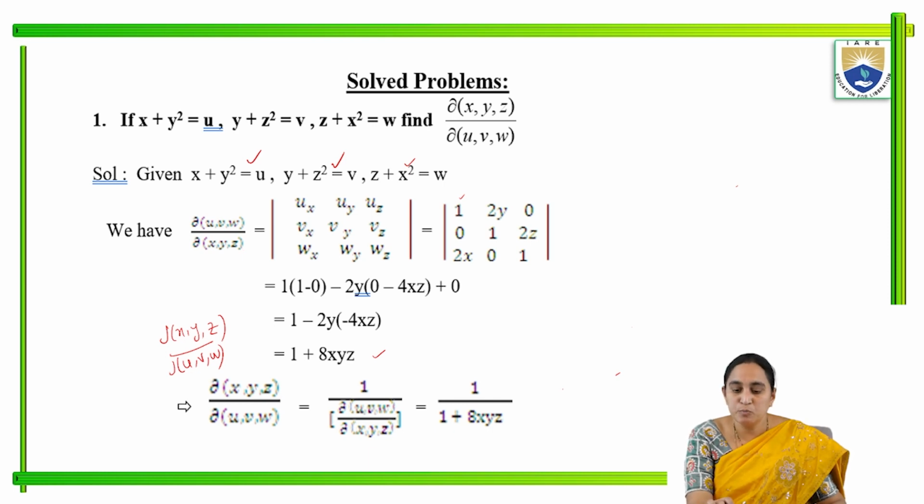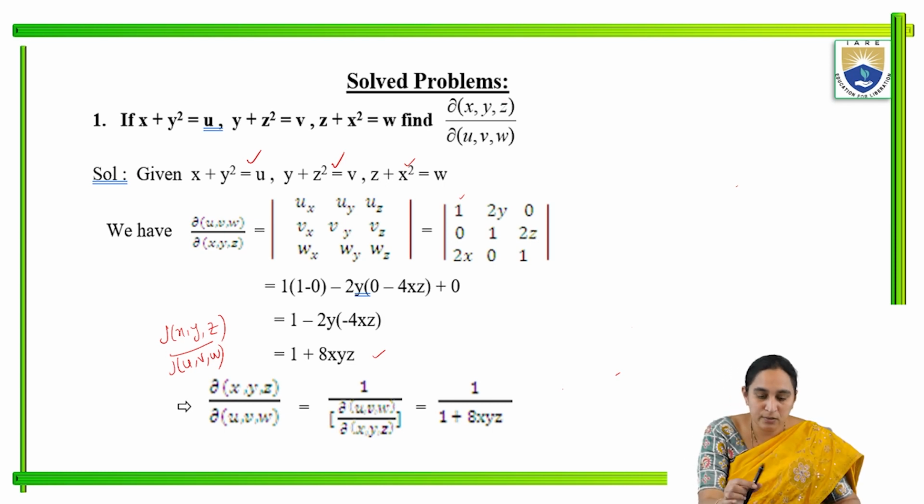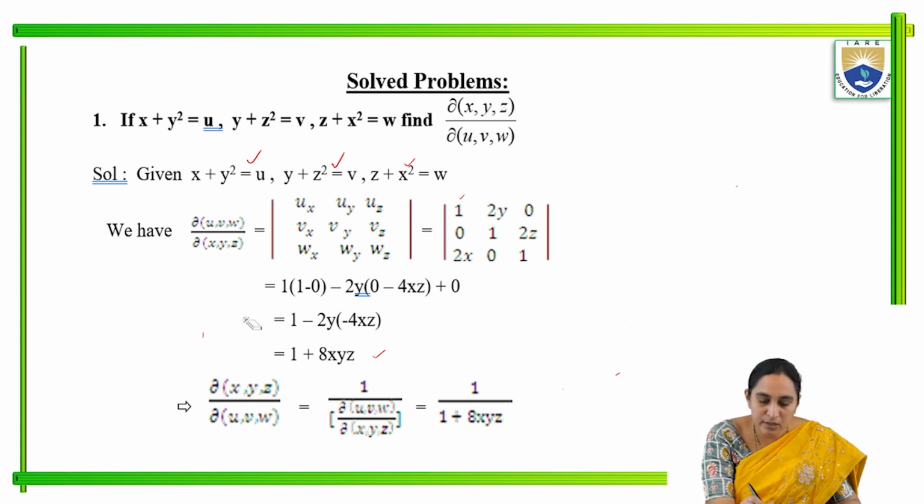But what they are asking in the question is dou of xyz by dou of uvw, but I am finding the value of dou of uvw by dou of xyz.